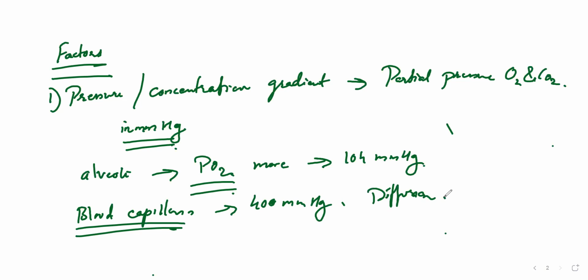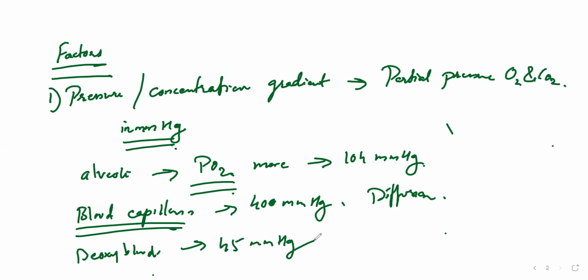Whereas if you consider deoxygenated blood, here the PCO2 is 45 mmHg.